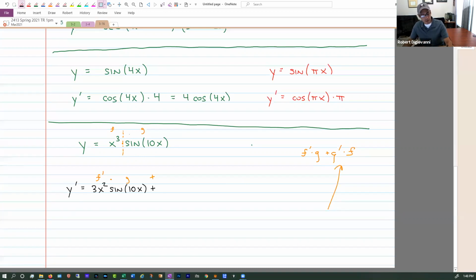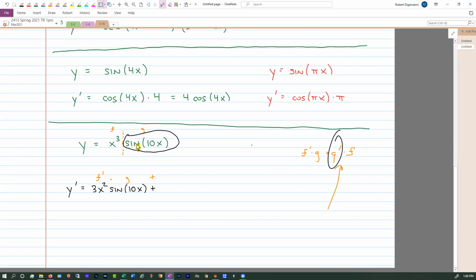So when Elise did the derivative of g, she realizes that that little piece, sine of 10x, is composition. That's just like we did sine of 4x. So she had to apply the chain rule to this piece. Am I describing your thoughts, Elise? Yes, you are. Okay, so she said, I have an outer and an inner.